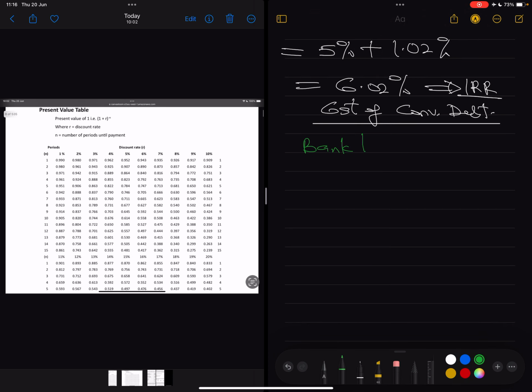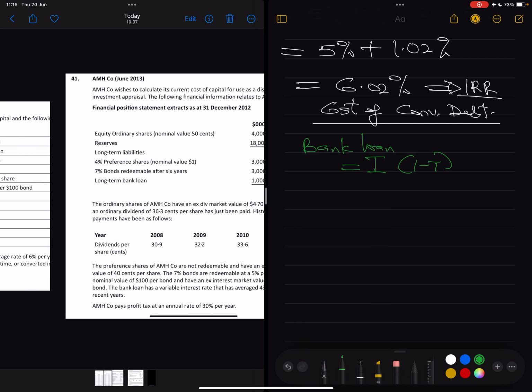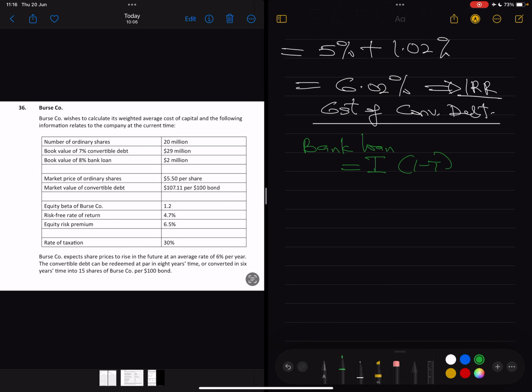For bank loan, the way to calculate cost of debt is just to say interest rate into bracket 1 minus tax rate. Do we have the interest rate for the bank? If you look at the bank, 8% we're given. Bank loan is at 8%.